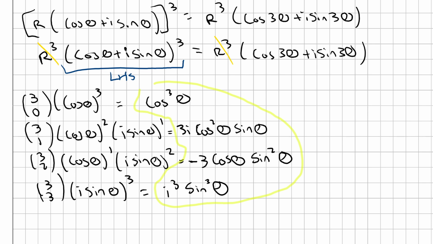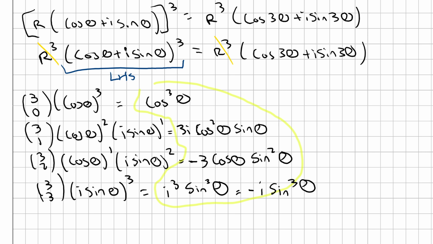And the last step there, we don't have to do it now, but it's probably the best way to do it. Remember, i cubed can be written as i by i squared, and i squared is minus 1, so I can rewrite that as minus i sine cubed theta.